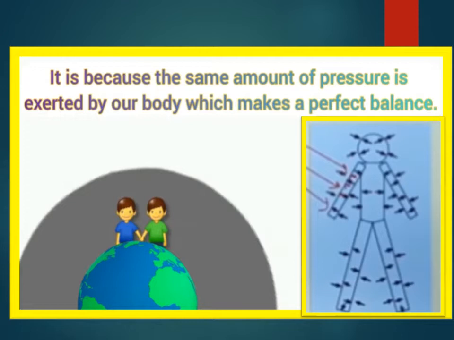So air is pressing us from the outside, but internally our body also has pressure which is counteracting it. The same pressure which is from outside, the same is applied from inside our body, so that counters it, and that is why we do not feel the pressure all around us.